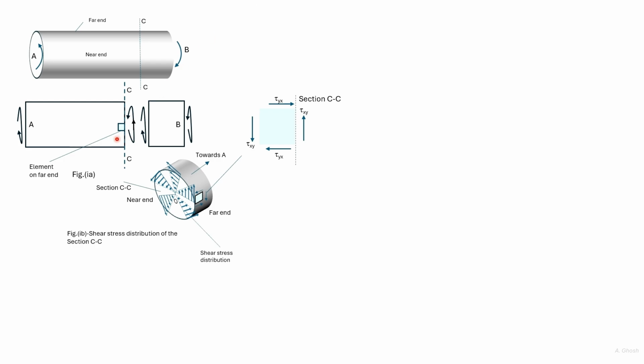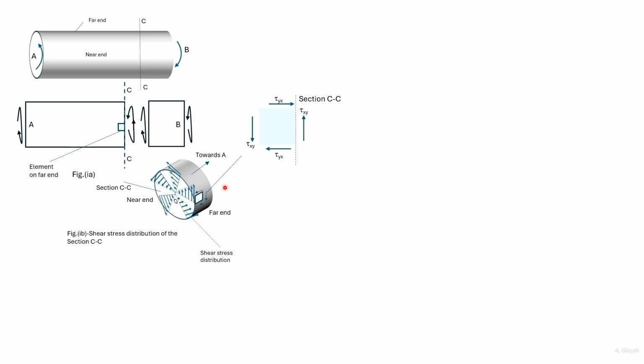Now let us consider an element on the far end on the section CC. This is the same element. On the far end, the stresses must act in the upward direction so that the overall torque is anticlockwise.